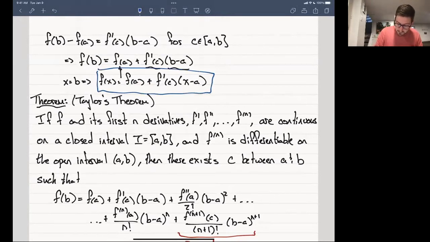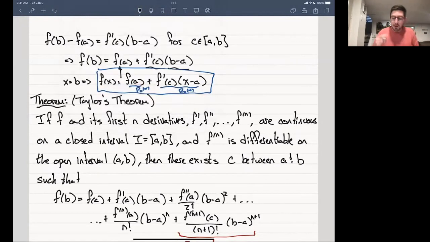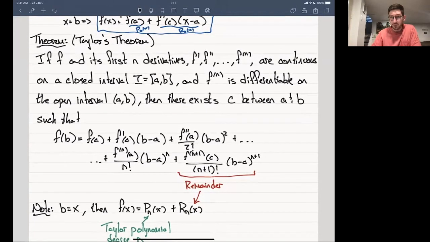Then this is r0, r0 of x. This is p0 of x. And it's telling you how much of a deviation you have in terms of x. Now, of course, this is going to be a bad approximation for almost any function. So what you want to do is use higher order polynomials. And that's what Taylor lets you do.